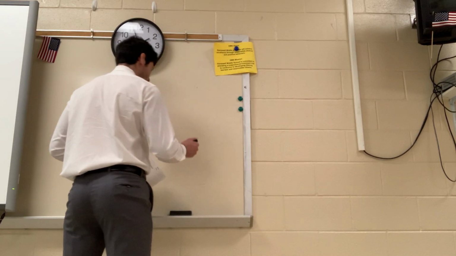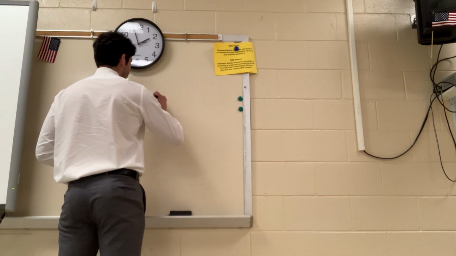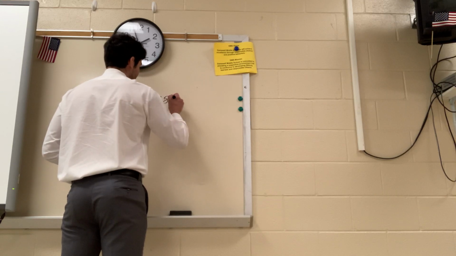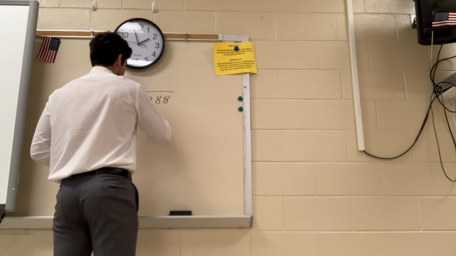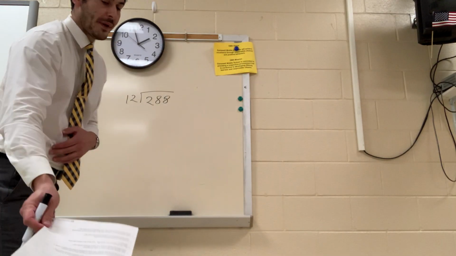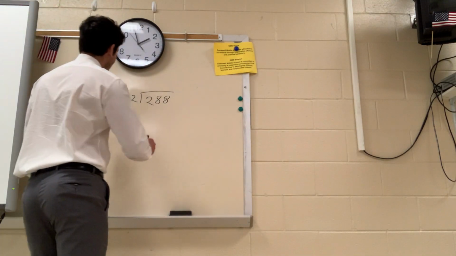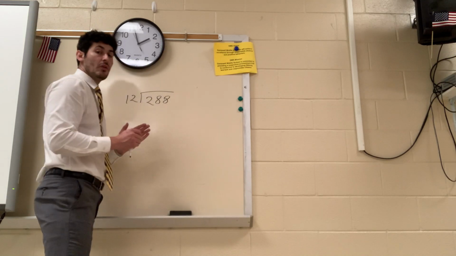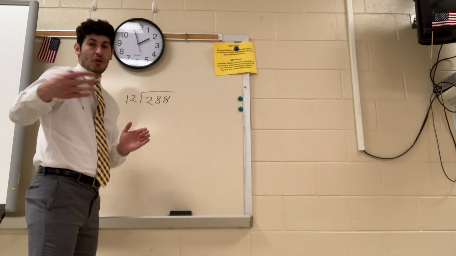All right, so we have 288 divided by 12. All right, so let's see what we got. So again, 12 cannot fit into 2, so we have to take 28.